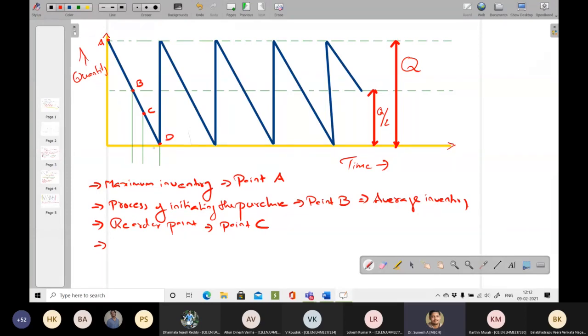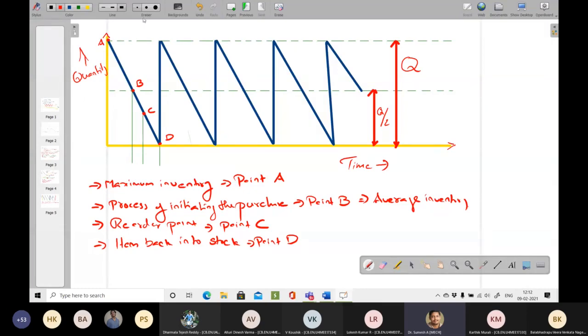The quantity you receive at point D will normally be based on your safety stock. So at point D the item is back into stock, the inventory rises again back to point A, and the cycle continues.